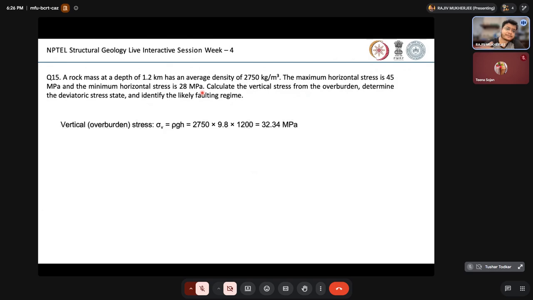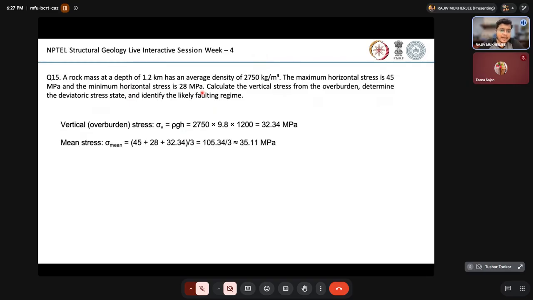So the vertical stress or the overburden will be simply the overburden pressure, and you can calculate that using the vertical stress equal to rho gh, right? So 2750 times 9.8 times 1200 in meters, and that would give you 32.34 megapascal. So this is the vertical stress.